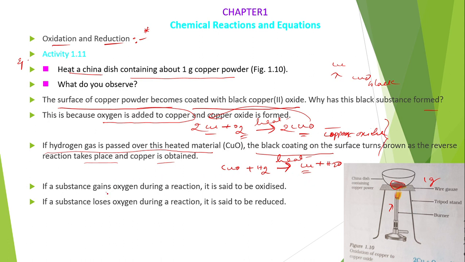If a substance gains oxygen during the reaction, it is said to be oxidized. See, hydrogen gains oxygen, that's why it is oxidized. Copper is losing oxygen, that's why it is reduced. If a substance loses oxygen during the reaction, it is said to be reduced.